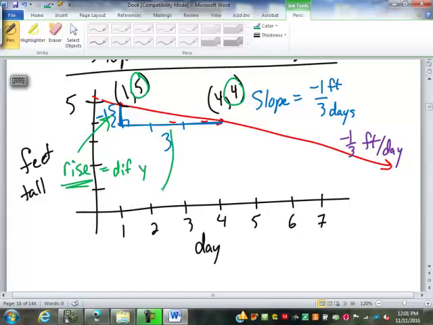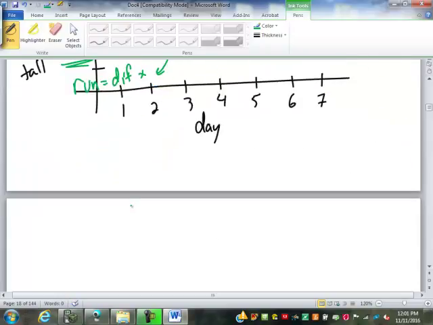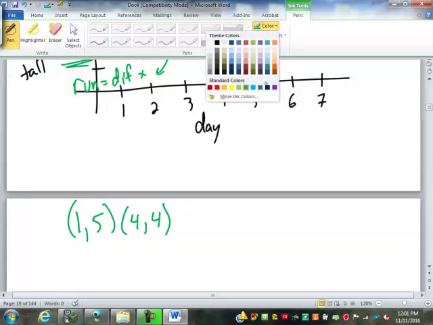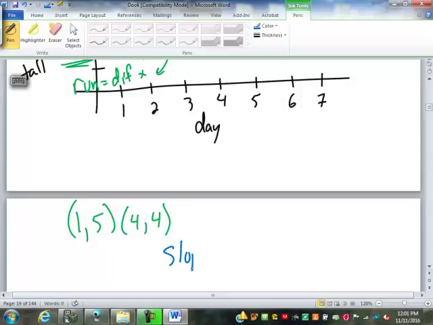The run here is then the difference. Obviously, the only one that's left is the x coordinates. So if I have 2 points, like 1,5 and 4,4, I can find the slope of that line by looking at the difference in the y coordinates. The way we write that is the second y coordinate minus the first y coordinate, y2 minus y1, divided by the difference in the x coordinates, so x2 minus x1.